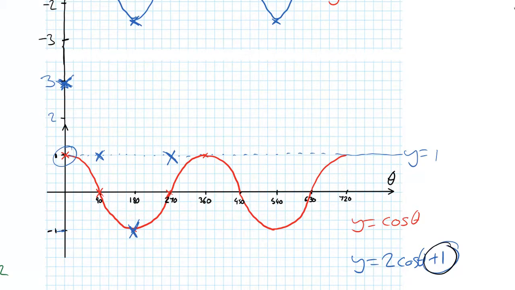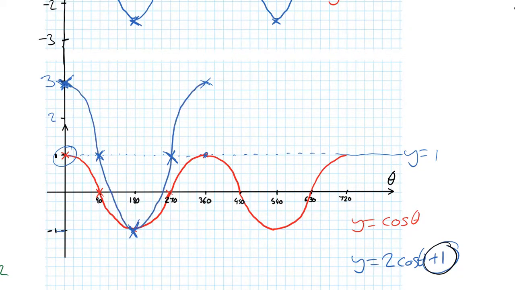At 360 degrees, we had a 1. So if we get a 1 times 2, we get 2, plus 1, we're going to be back at that high point of 3. So you can see exactly what we said has happened. This thing has stretched by scale factor 2. The amplitude is 2. And we've moved it up 1 place. So if we just continue this on, we'll have a graph that looks like this.